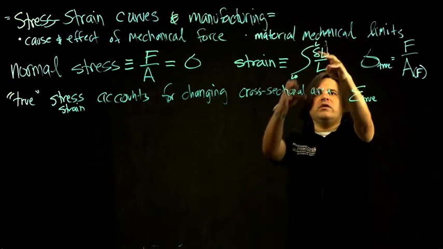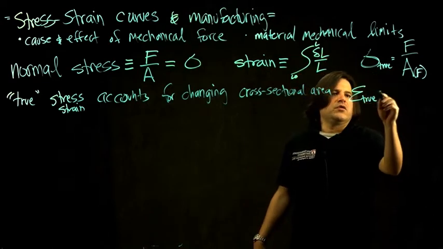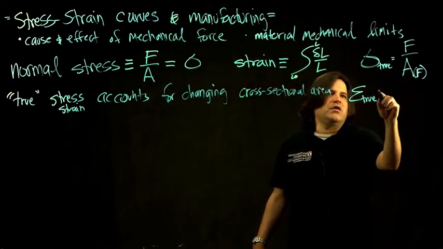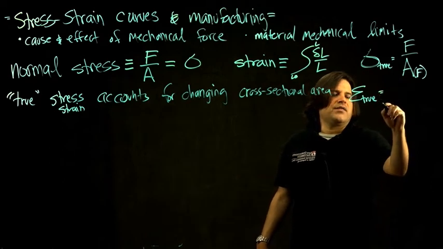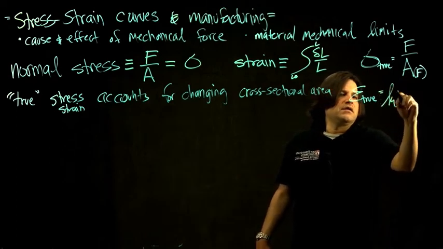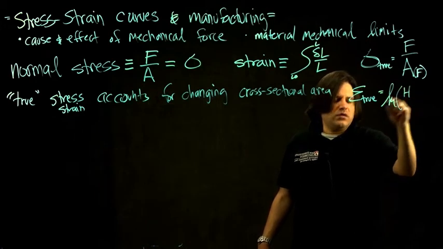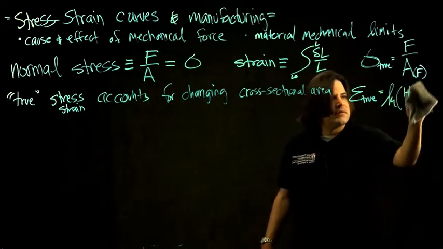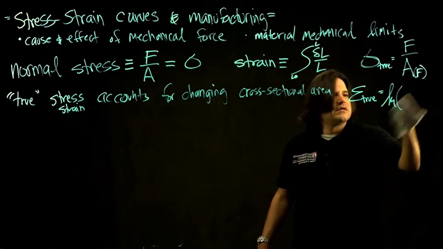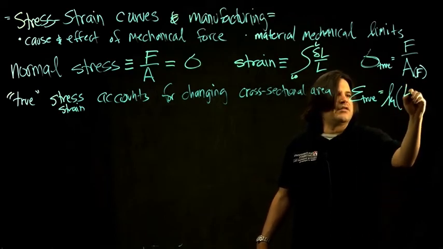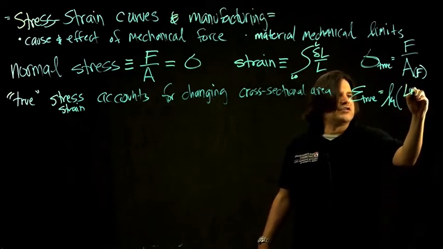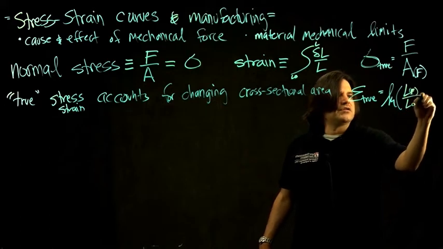And then when you're counting this in your integral, if you were to do this integration with the changing area, you would get that the true strain is the natural logarithm of the length at one time, so let's say the length as force changes, over the initial length.